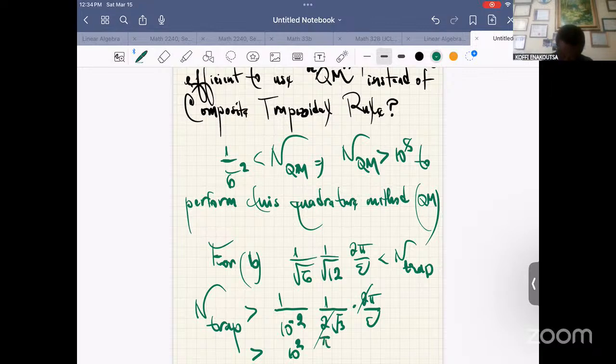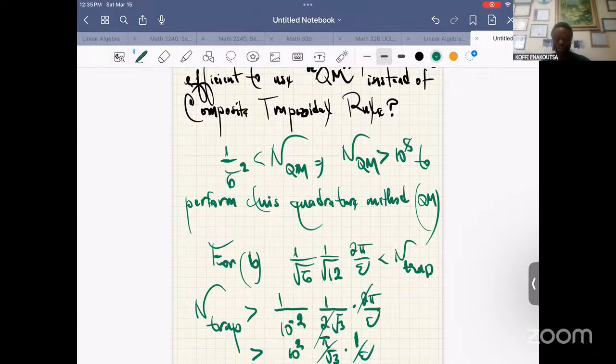So I have pi divided by root of 3, multiplied by 1 divided by epsilon.